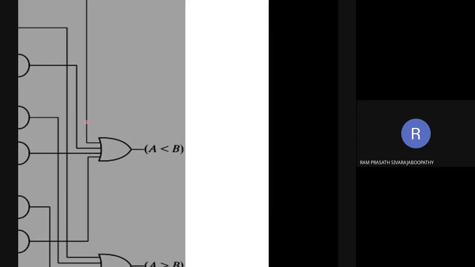Clear? Next, for L3, look at what we have done. L3 R with E3 L2.